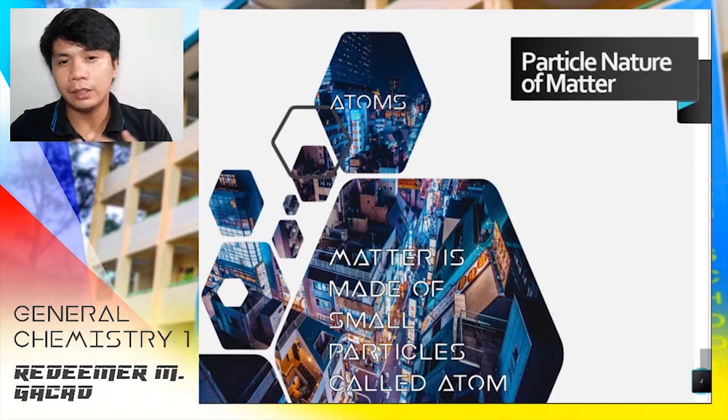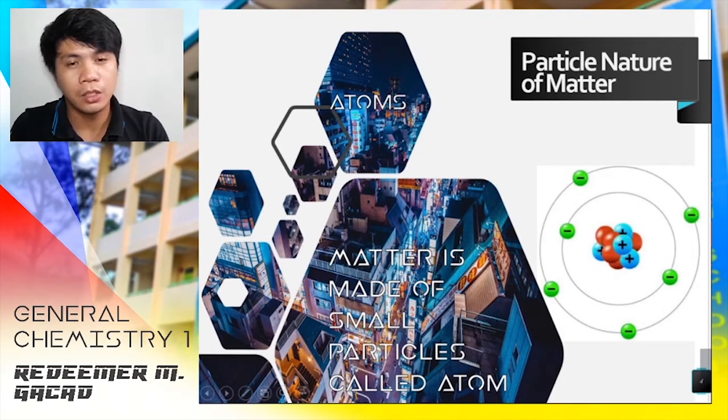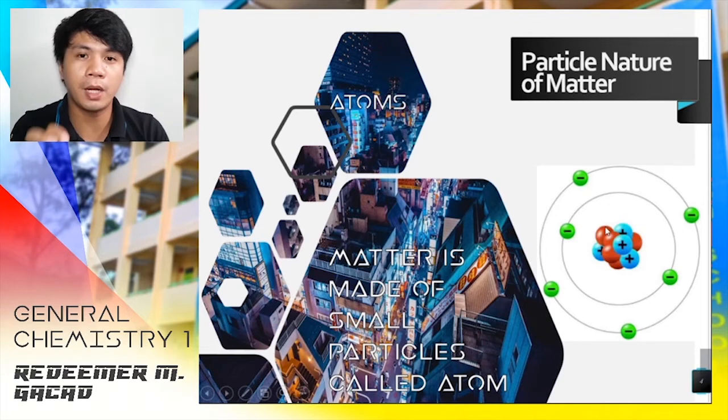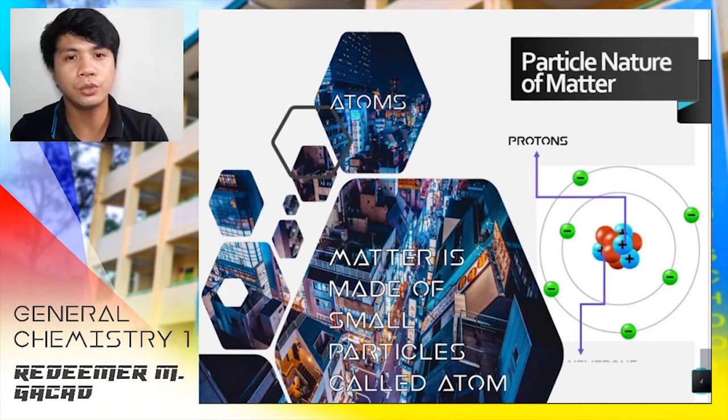Now, mayroon na tayong idea sa itsura ng atom because we have models, right? So, makikita natin doon, at the center, there is the nucleus and it is made up of positively charged particles called protons. Katabi nun or kasama nun sa nucleus ay mga neutrally charged particles called neutrons.